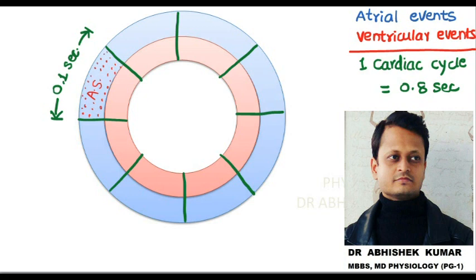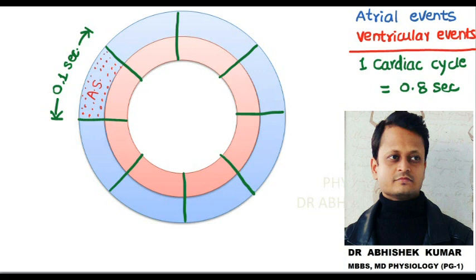The rest of the outer circle represents the atrial diastole, which is 0.7 second in duration. 1, 2, 3, 4, 5, 6, 7.